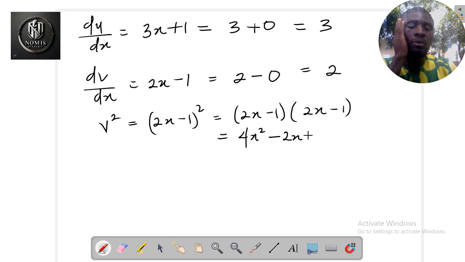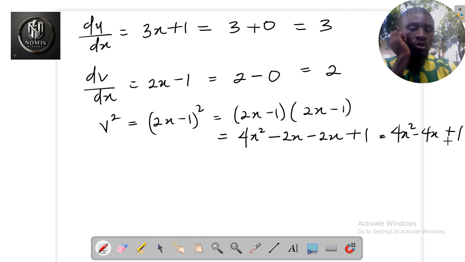Minus 1 multiplied by 2x gives us another minus 2x. Minus 1 multiplied by minus 1 gives us plus 1. So we have 4x squared minus 4x plus 1. This is what we have as our v squared.